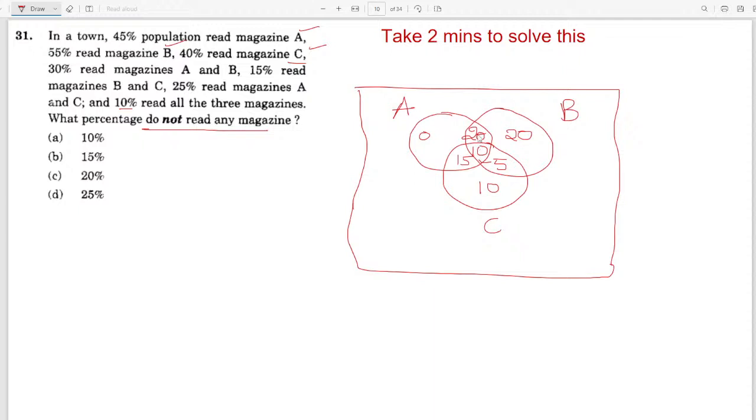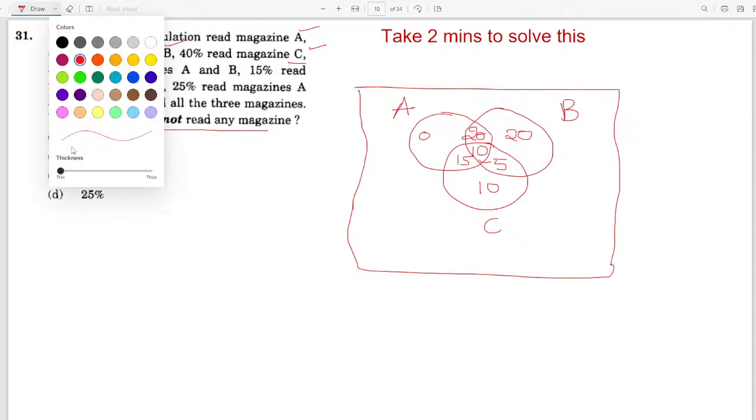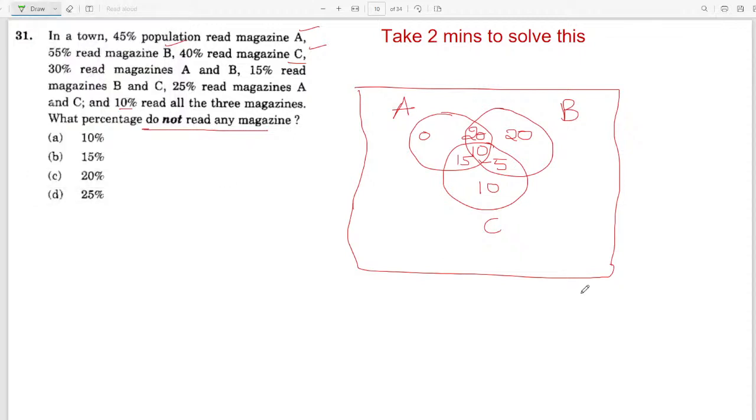This would be 20. And then 15% read magazines B and C. So magazine B and C, 15 is there. So 10 is already inside. So this would be 5.